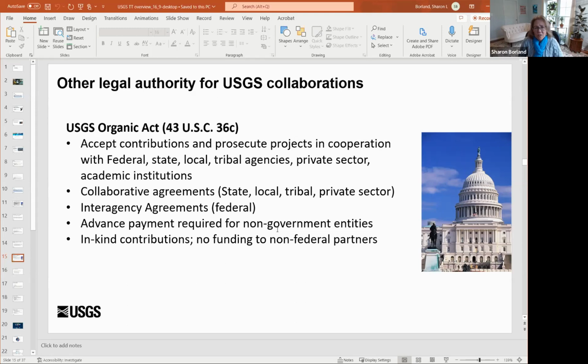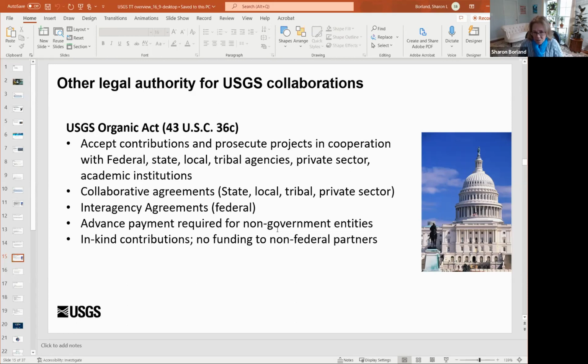These collaborations are more along the lines of conducting projects. There is no provision for intellectual property under this authority. So if the project is really just a fairly straightforward collaboration, we can use this authority. We don't have to use the tech transfer authority.